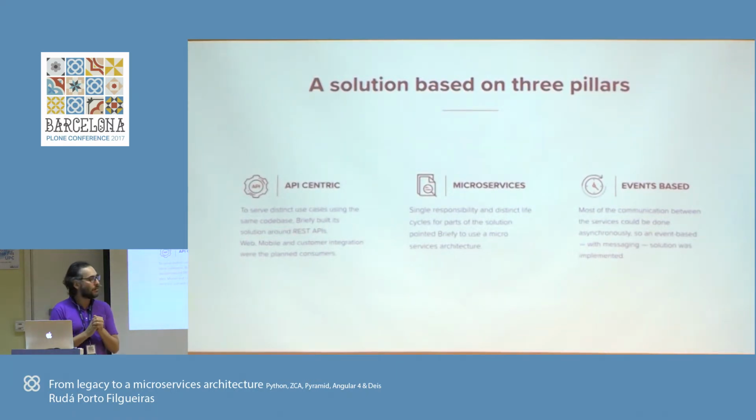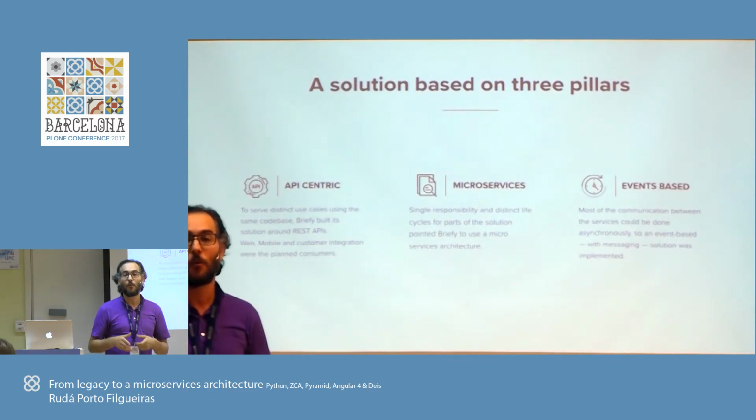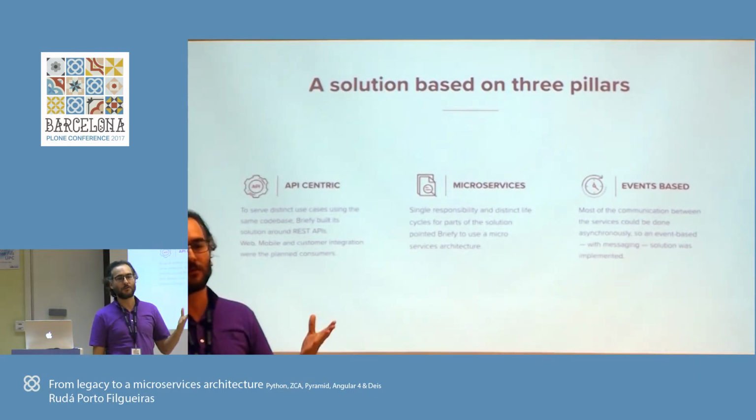And the third thing was that we wanted to have a messaging system based on events. So every time something happens in our system, we want to send an event, and this event will be fired to a coordination process that will take actions based on the events.